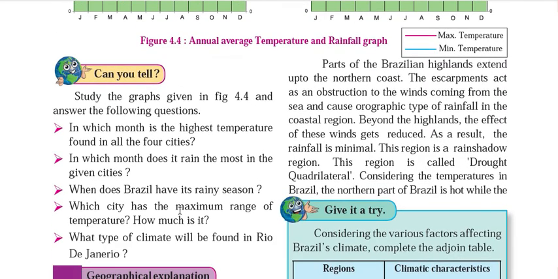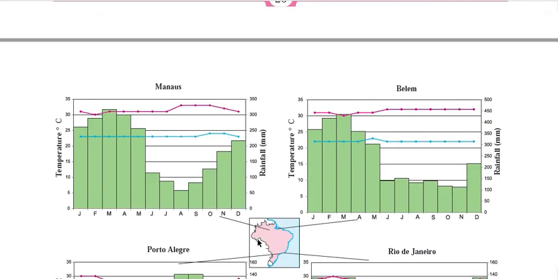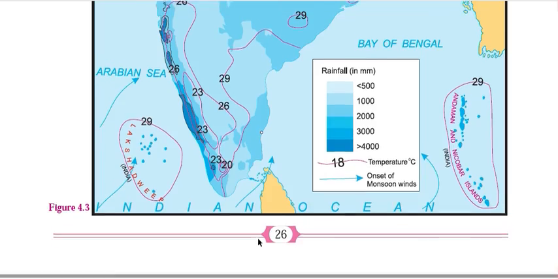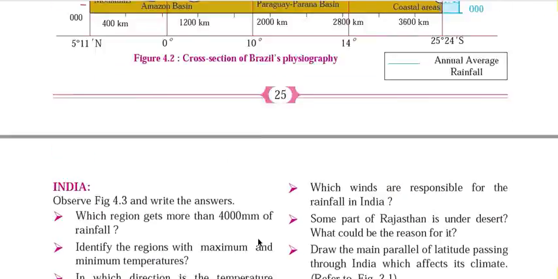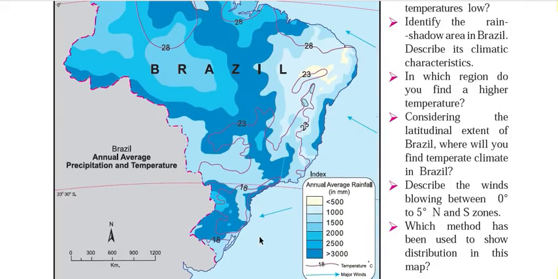What is the next one? What type of climate will be found in Rio de Janeiro? So as you know, Rio de Janeiro is a coastal city, right? Somewhere here. Okay, coastal city. Because of nearness of sea, there is a moderation in temperature.